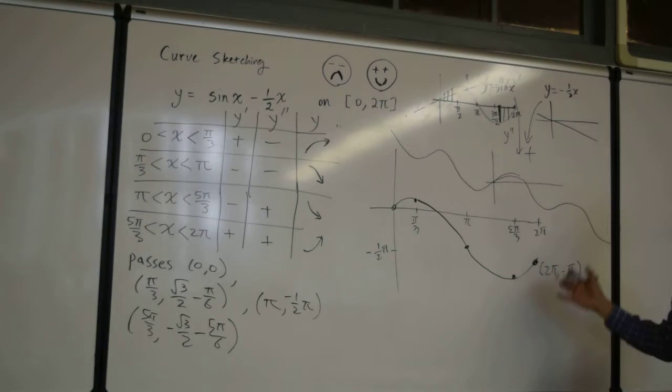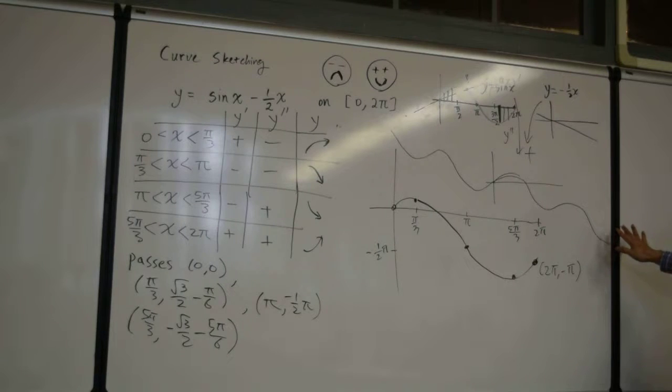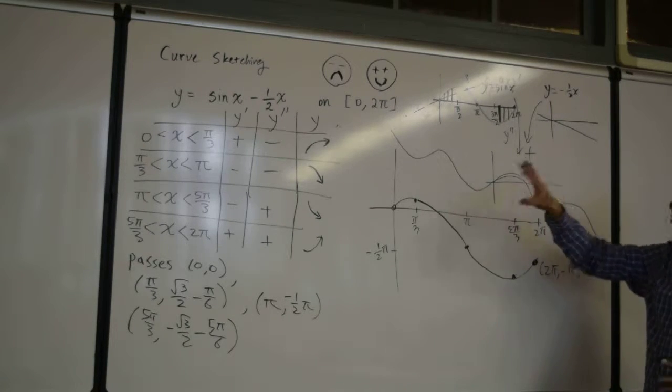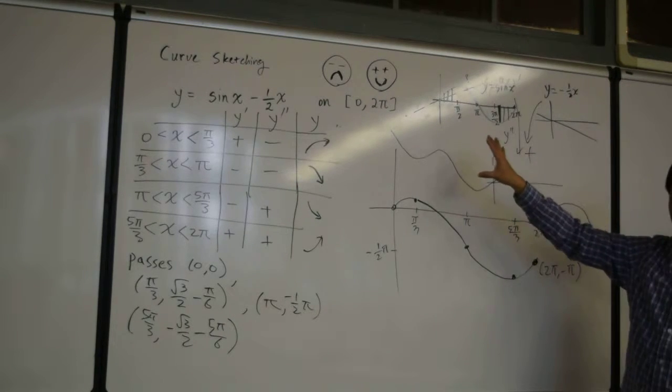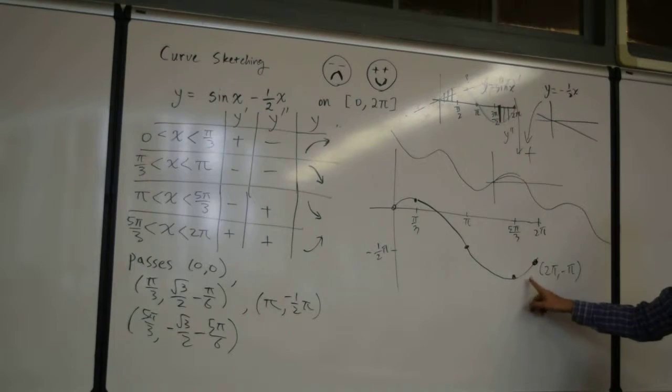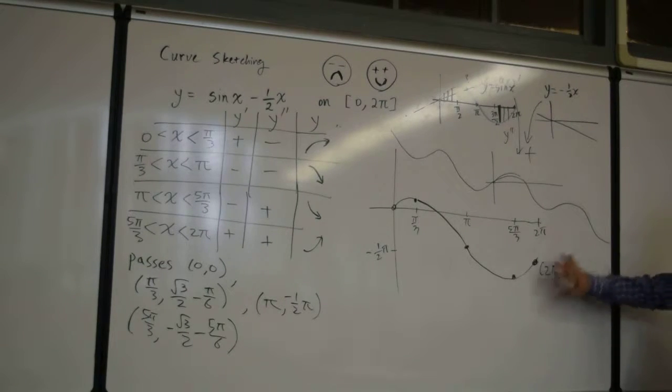If you drew this on negative infinity to positive infinity, you'd be seeing a sine graph that's not going horizontally, but as you go right, it's going down. That's why the portion of the graph should look like that. Okay? So that will be another way to think about the graph.